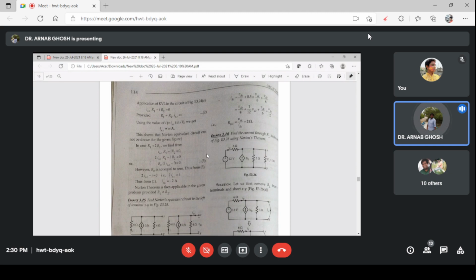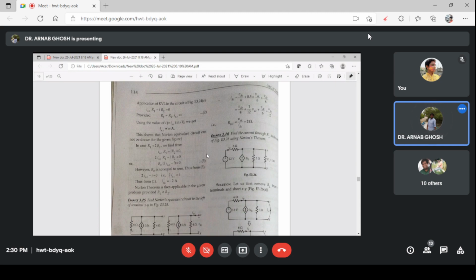Now you are having a dependent current source here, which is given as 3i0. We are connecting these two. Then we are putting the resistance of 3 ohm here. We have a load resistance of RL equals 1 ohm.